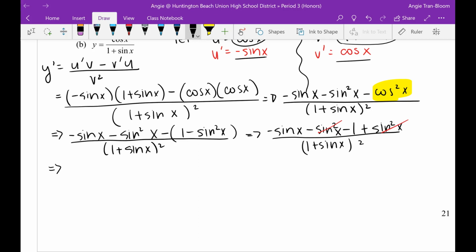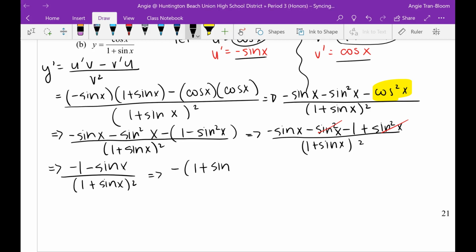Keep on simplifying. Here we go. I'm going to write negative 1 in the front, minus sine of x, in that order. The reason is that I can see that the bottom has 1 plus sine of x, and I want it to be in the same order, with the hope that I can cancel, so I'm going to take out the negative 1, which will line up with my bottom.